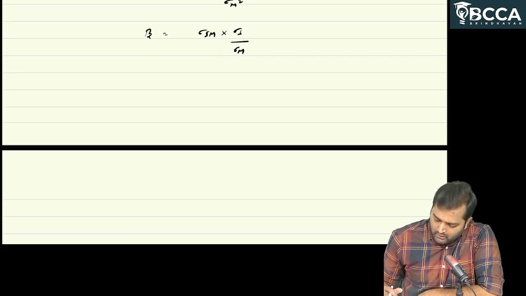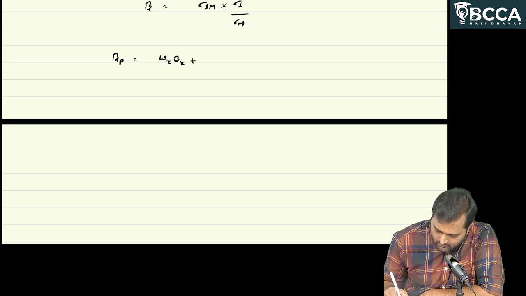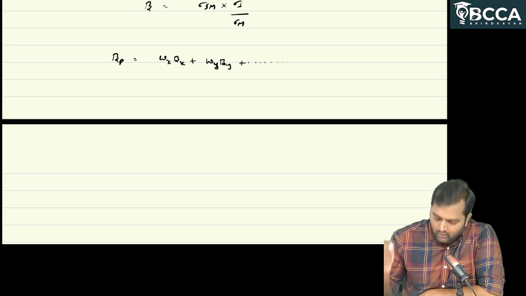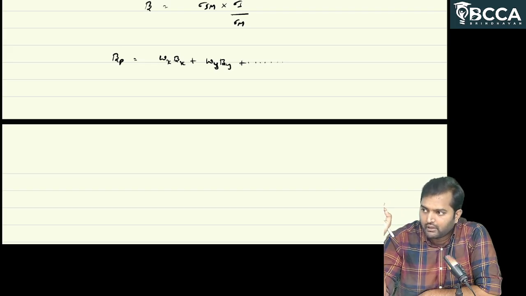Later on, beta P, portfolio beta. Beta P is equal to WX beta X, WY beta Y, and so on. So beta of a portfolio is equal to the weighted average of security betas.